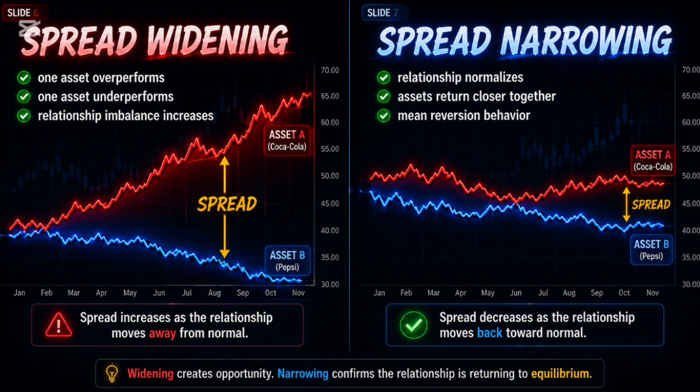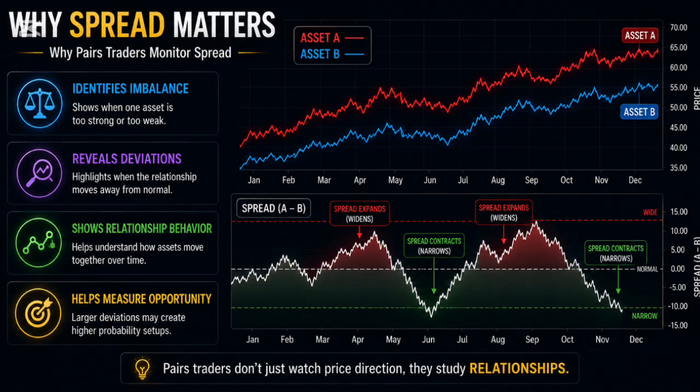Okay, so you need to understand that this is why spread matters so much in pairs trading, right? I don't know if you have heard me say it many times on this channel, that spread matters, cointegration, all the concepts in pairs trading matter, right? You need to understand it, right?